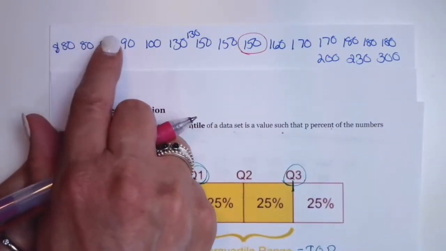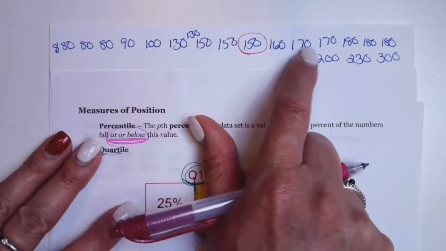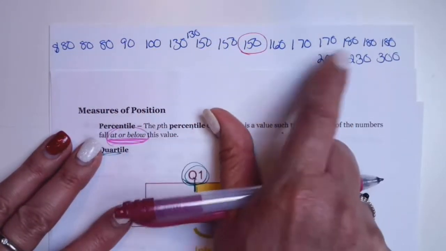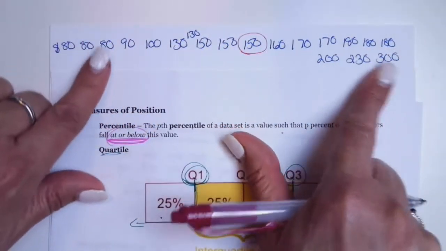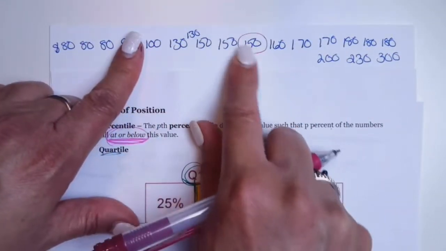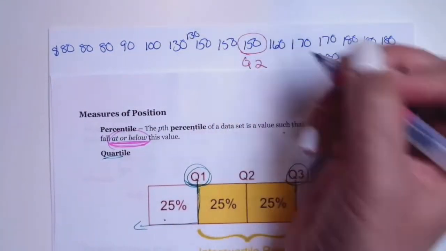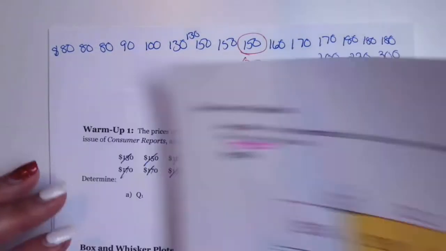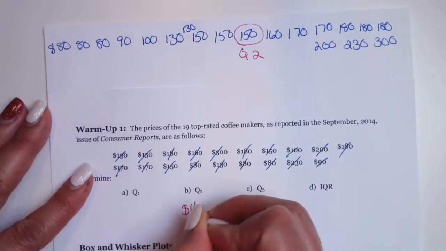So 1, 2, 3, 4, 5, 6, 7, 8, 9 are on this side. 1, 2, 3, 4, 5, 6, 7, 8, and 9 are on this side. So we have 9 numbers on both sides of this. So this is your quartile 2, which is here. So $150.